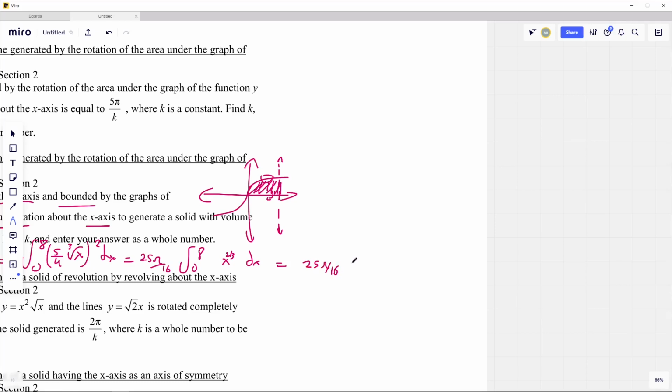So this is going to be, add 1, 5 over 3 x, and this is going to be 3 over 5 because you divide by that exponent, so you multiply by the reciprocal.